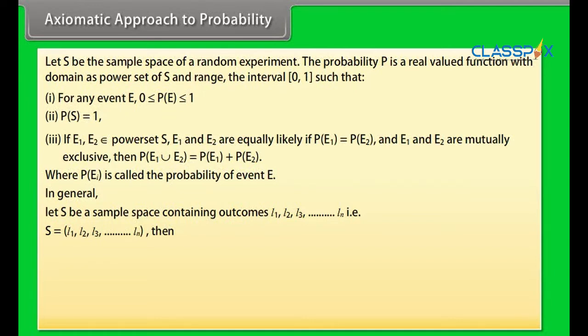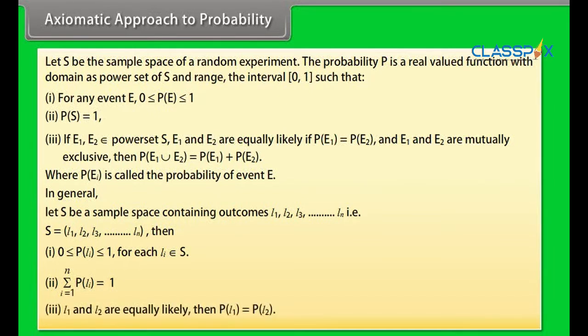Then 1. 0 is less than or equal to P(Li) less than or equal to 1 for each Li belonging to S. 2. Summation of i is equal to 1 to n of probability of Li is equal to 1. 3. If L1 and L2 are equally likely, then P of L1 is equal to P of L2.